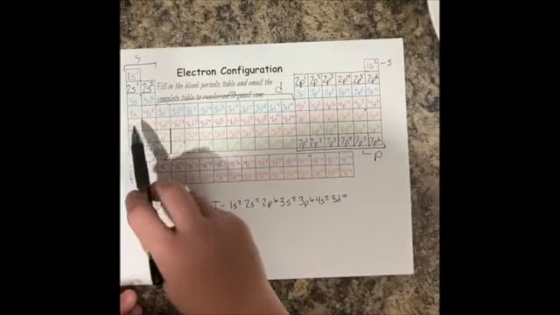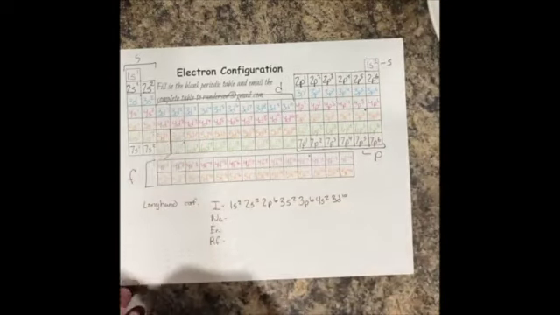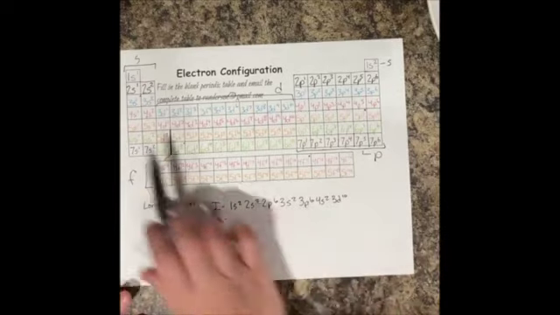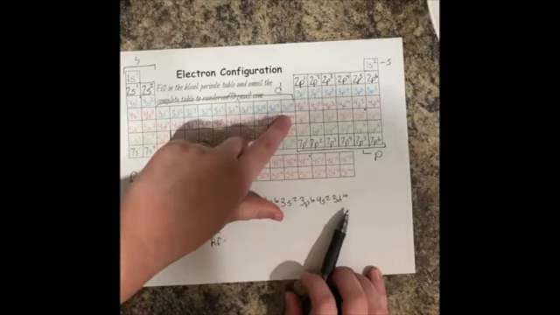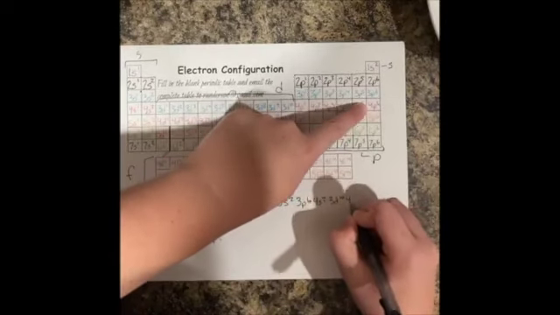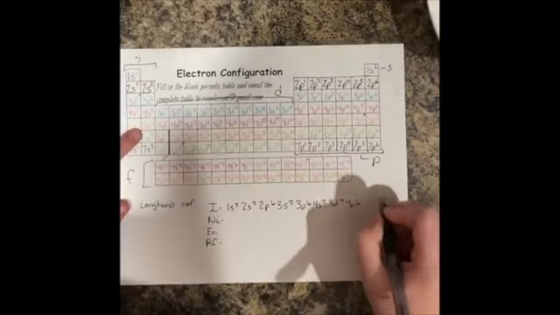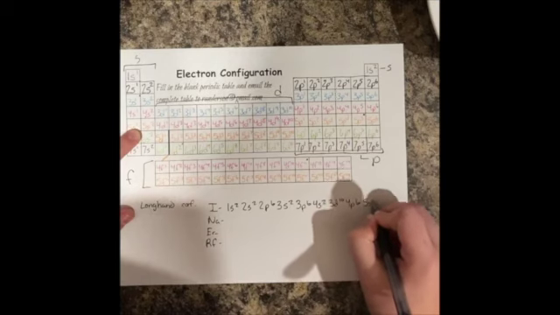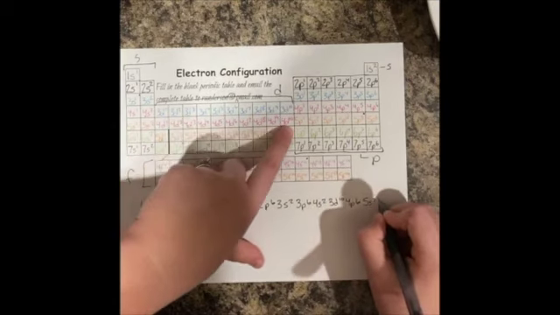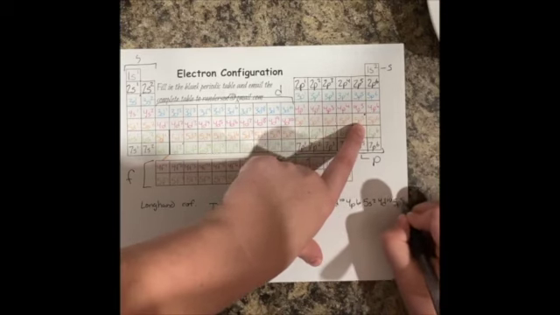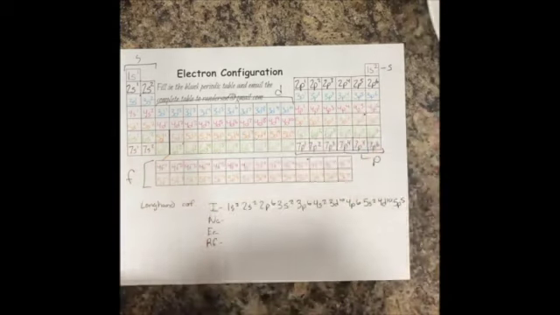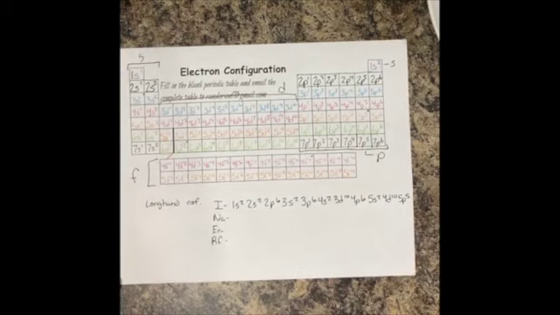So even though that 4 is before the 3, just write it just like how it is on the periodic table. So it'll be 4s2, 3d10, 4p6, 5s2, 4d10, 5p5. And we stop at 5p5 because that is where iodine is at.